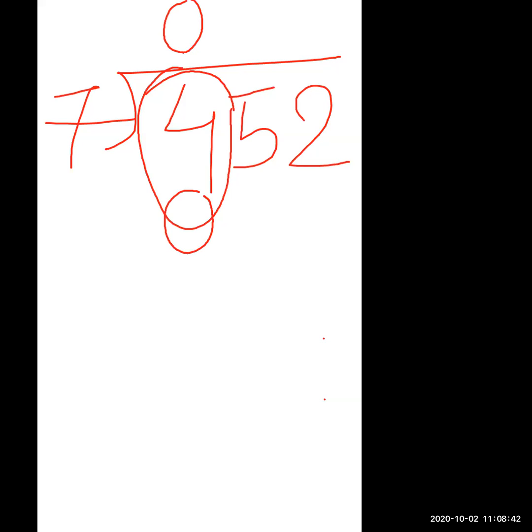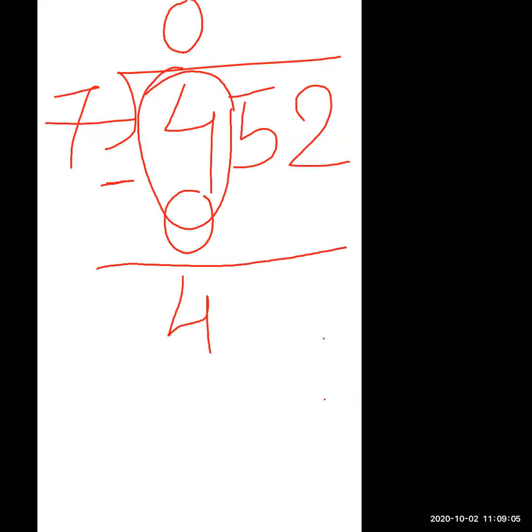Which operation do you want to do now, multiplication or subtraction? Don't go to addition. When you are doing division, at that time you want to do subtraction. So 4 minus 0, your answer is 4. That is very simple.